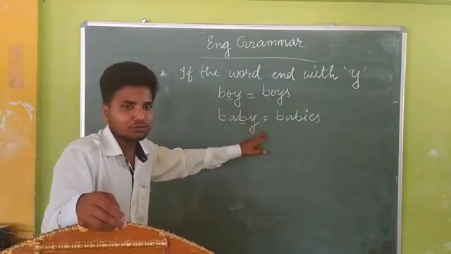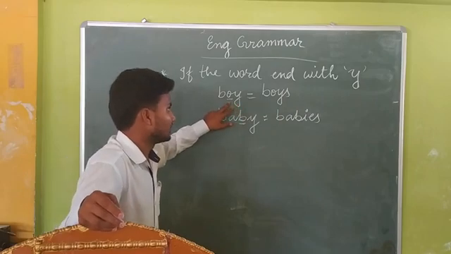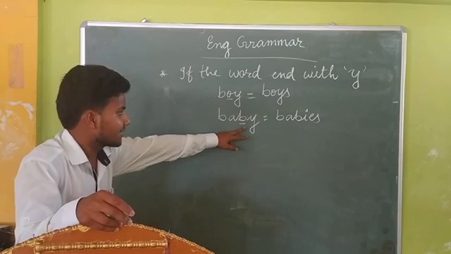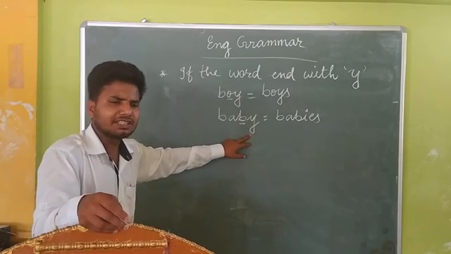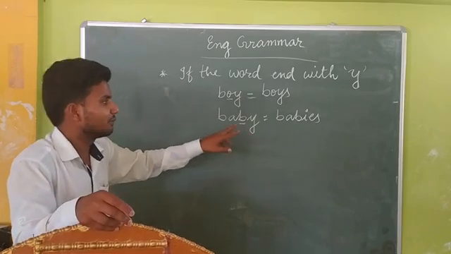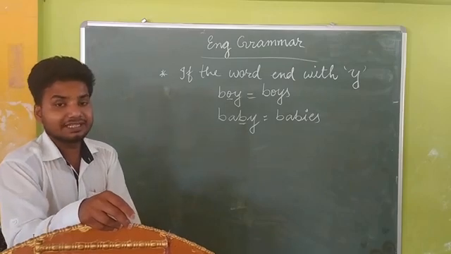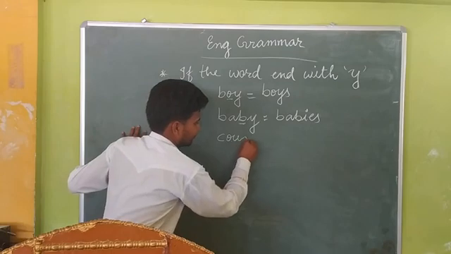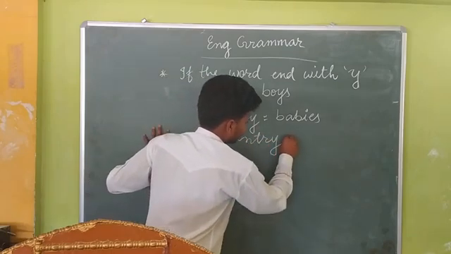If the word ends with y and there is a vowel just before y, we need to use s only. But if the word ends with y and there is a consonant just before y, we need to convert y into i and then add es. Further, the next example, country, C-O-U-N-T-R-Y.